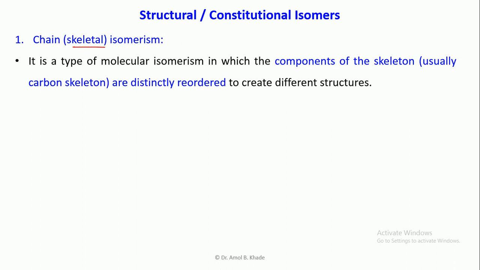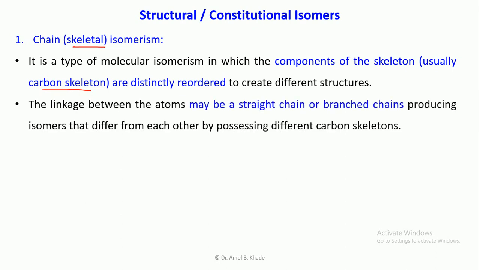It is a type of molecular isomerism in which the components of the skeleton, usually the carbon skeleton, are reordered to create a different structure. What does that mean? We will take an example. The linkage between the atoms may be a straight chain or a branched chain, producing isomers that differ from each other by possessing different carbon skeletons.